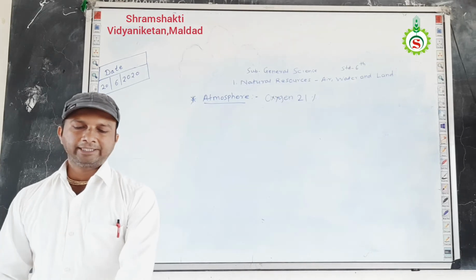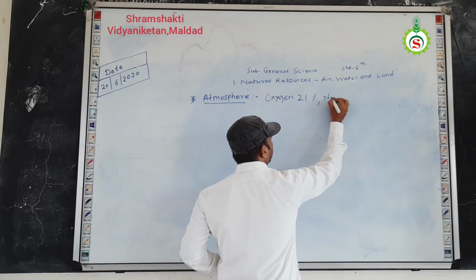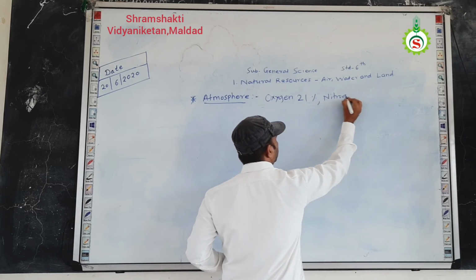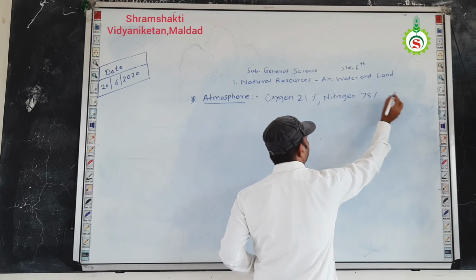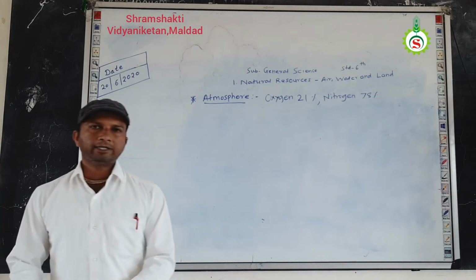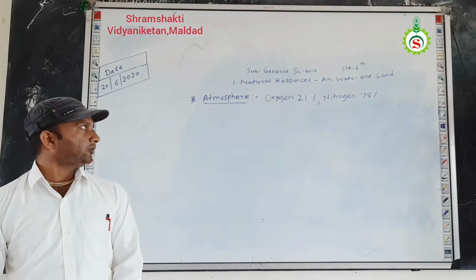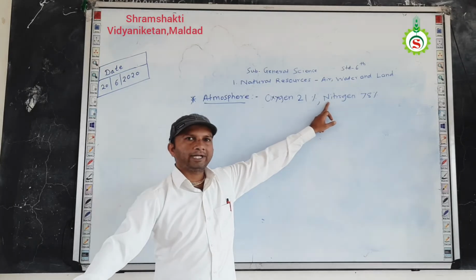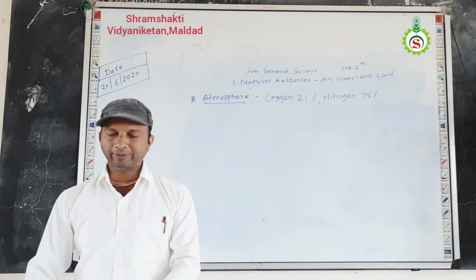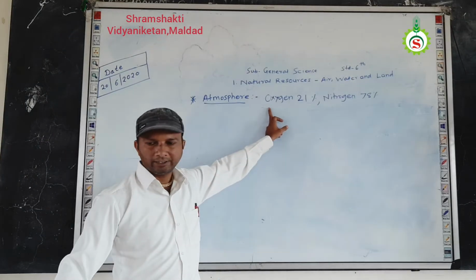Then the second important gas in the atmosphere is nitrogen. It is about 78% of total air in the atmosphere. Understand? The most common gas is nitrogen, present in 78% of total air. Then after that, oxygen.